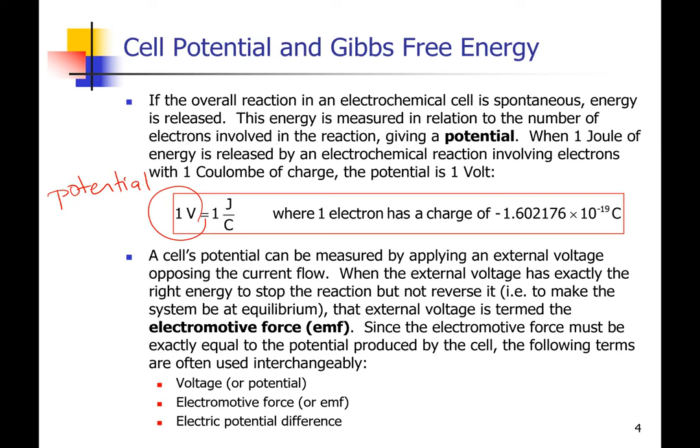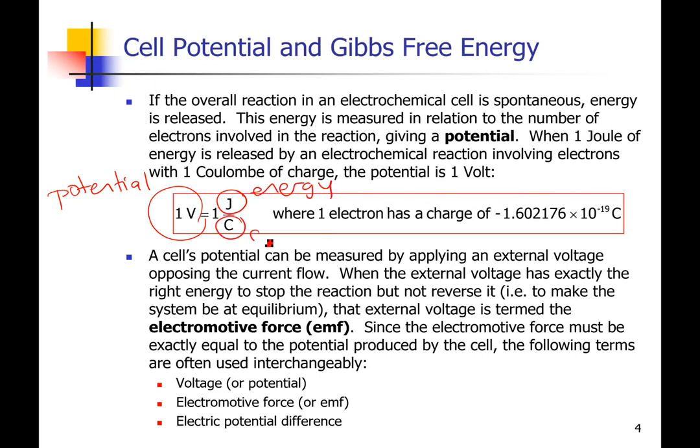So the joules represent the total amount of energy that was released by your reaction. And the coulomb represents the total charge of the electrons that were carrying that energy, the electrons that were traveling from the oxidation half reaction to the reduction half reaction in your electrochemical cell.